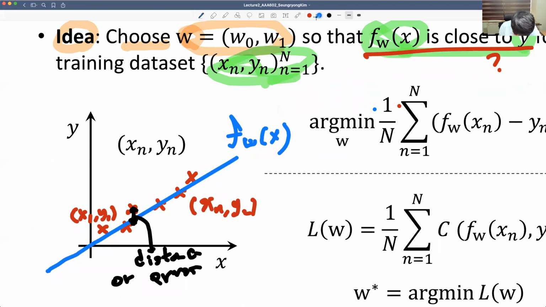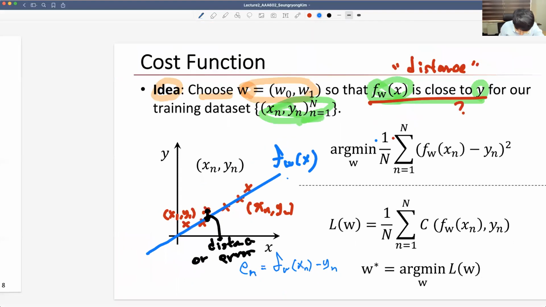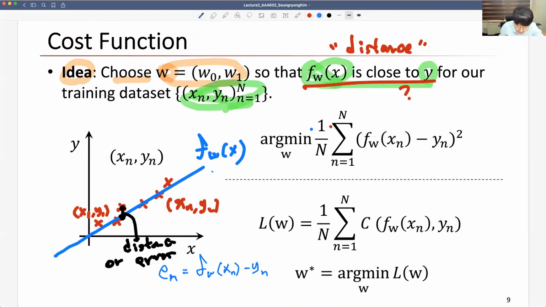Then how can I define this one? We can define this error as some kind of difference between the estimated one and the ground truth one, right? We can define something like this. Then by considering every possible sample and aggregating them, we can define this kind of equation, right?